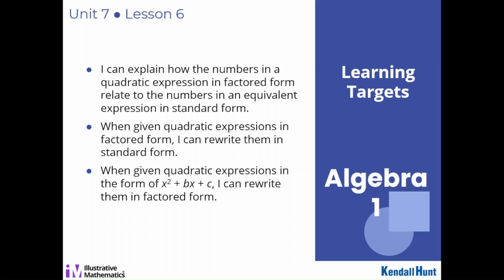My constant terms are going to multiply together to give me my c term in standard form. And my x terms and my constants are going to multiply together and then add or subtract together in order to give me my bx term in standard form.